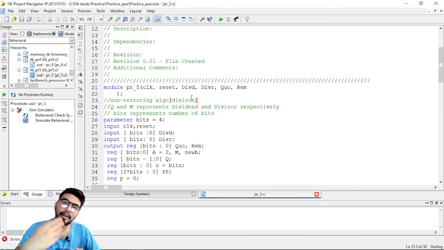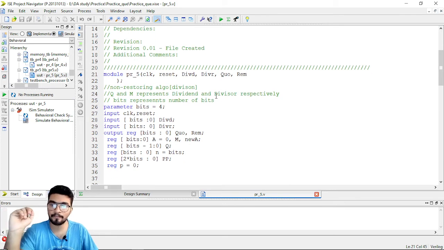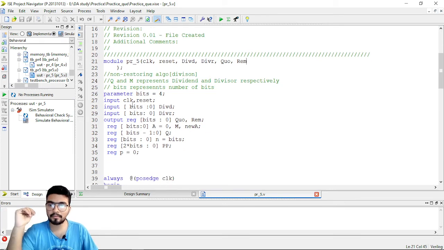This is the pipeline implementation of it. What we will have is input clock, reset, then DIVD, the dividend, and DIVR, the divisor. So these four are the inputs. And QUO and REM, the quotient and remainder, are the two answers. So this is the input and output list with their regs.